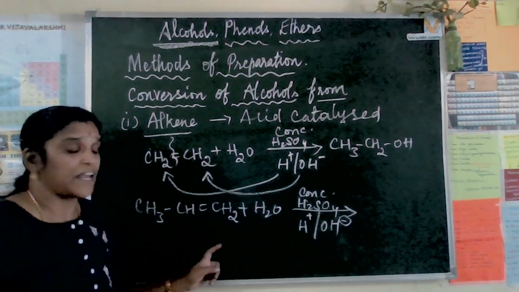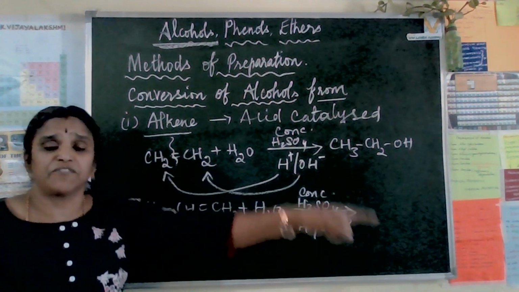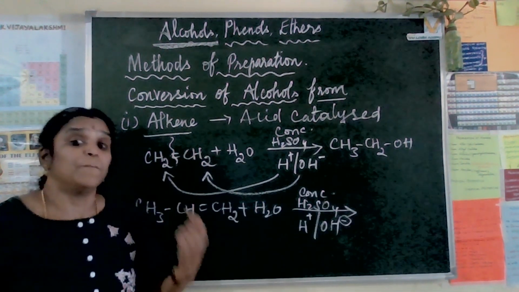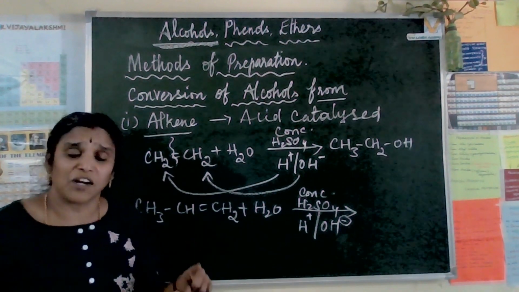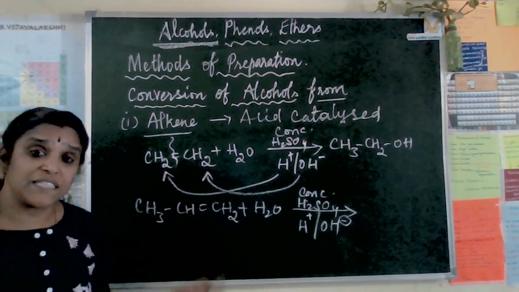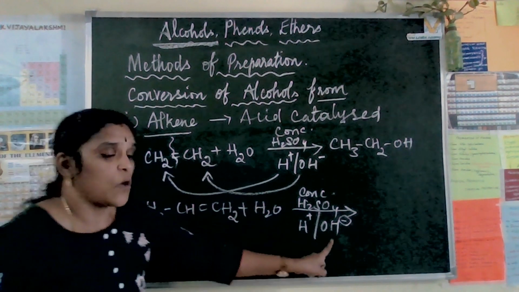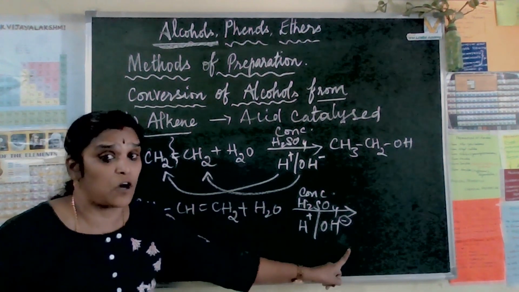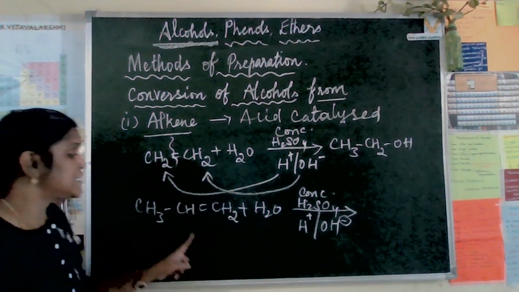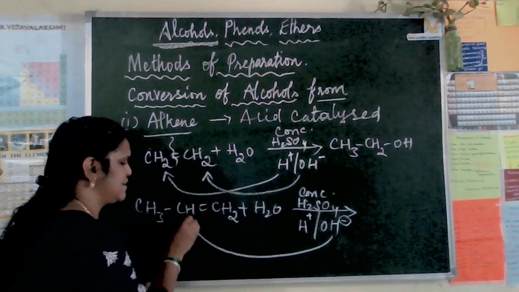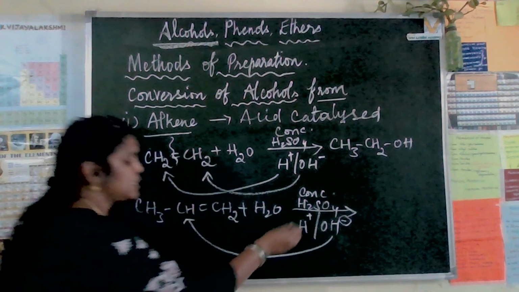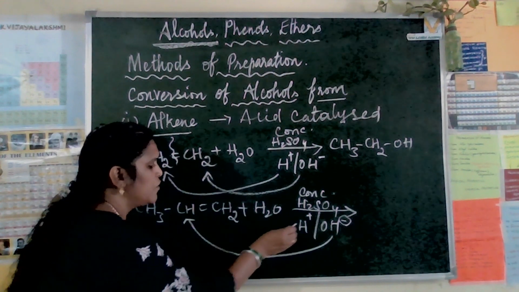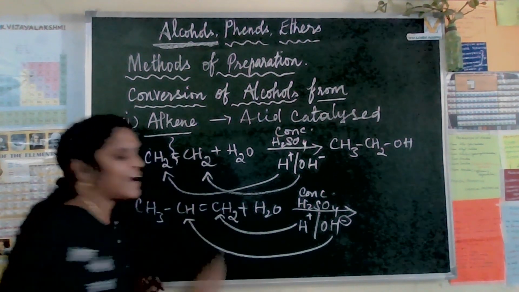The H plus ion, where will it go and join? Now you have to refer to Markovnikov's rule. What does Markovnikov's rule tell? The OH minus ion, the nucleophile, will go and join where there is a lesser number of hydrogens. The H plus ion will go and join where there is a greater number of hydrogens.